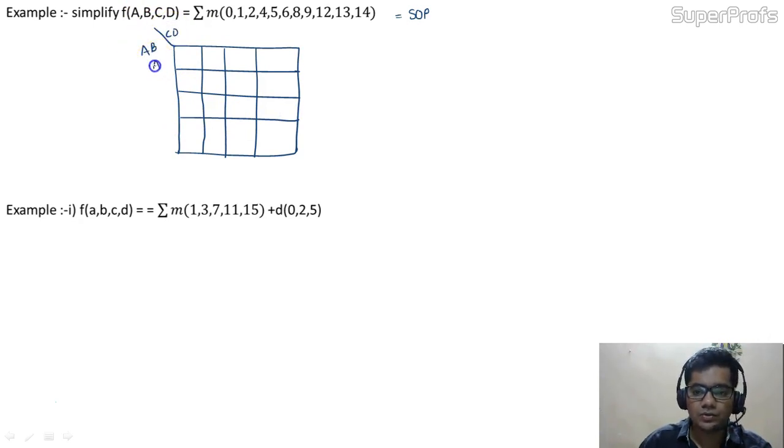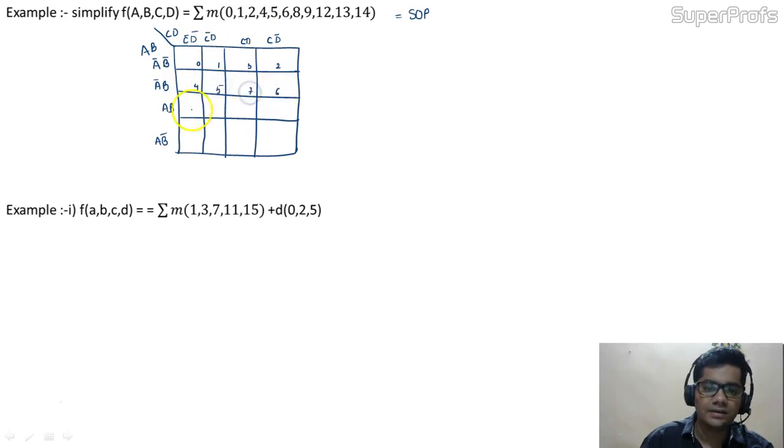Okay, so if this is our 4 variable Kmap, it would be A bar B bar, A bar B, AB and AB bar. This would be C bar D bar, C bar D, CD and CD bar. So what would be the minterms? 0, 1, 2, 3, 4, 5, 6, 7 and this would be 8, 9, 10, 11.